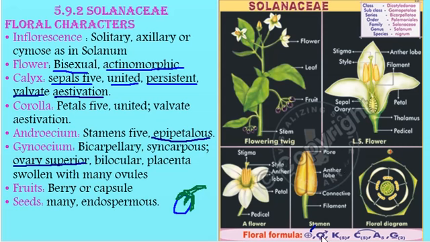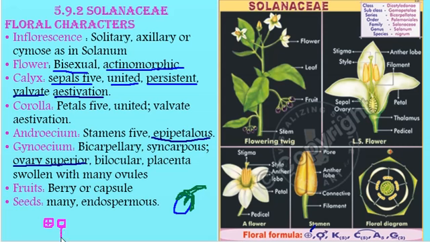Here once again let me write the floral formula, that is actinomorphic, then bisexual, that is both male and female reproductive structures are present in the same flower.